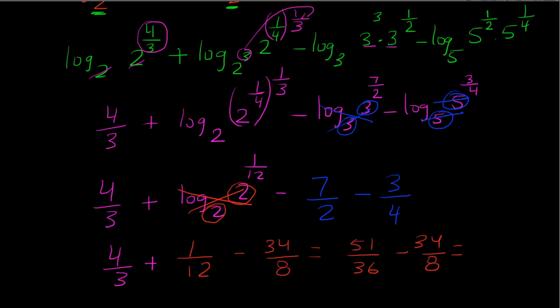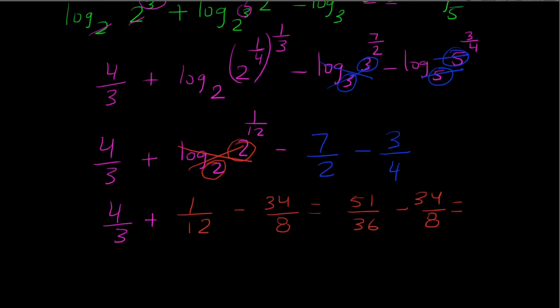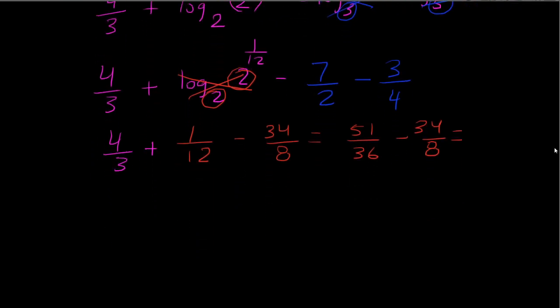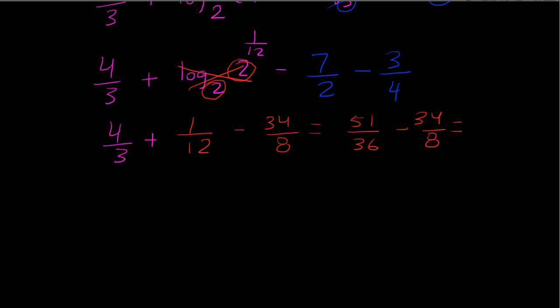Let's see. If I can rewrite this, 51, we divide everything by 3. It's 17/12 minus 34/8, which will be 17/4.